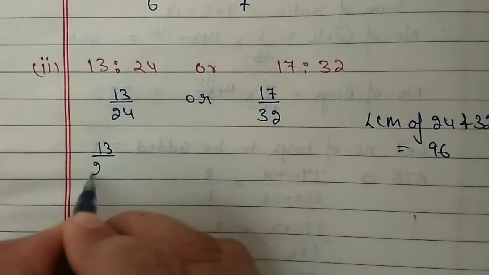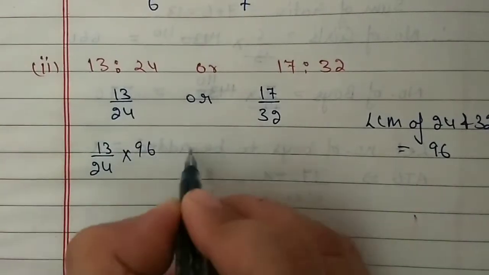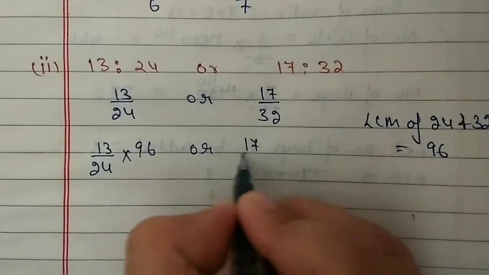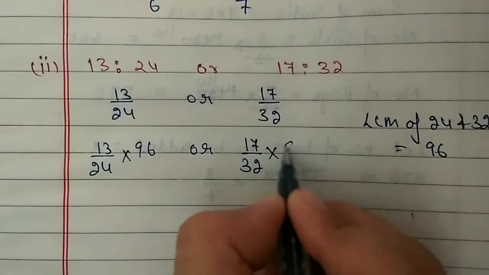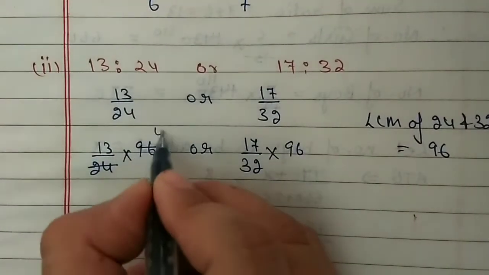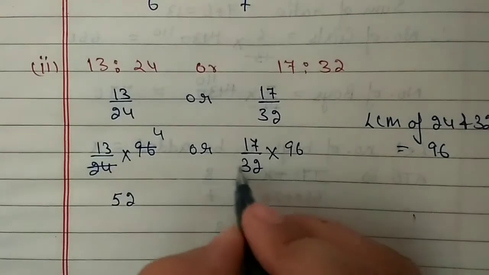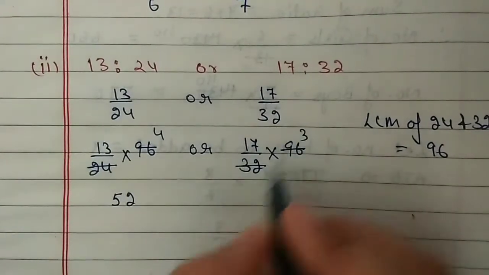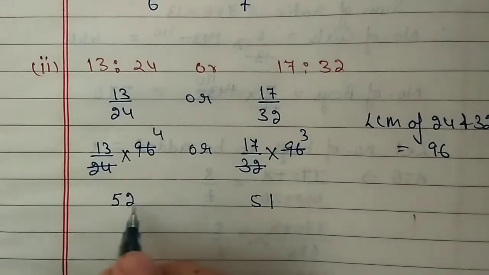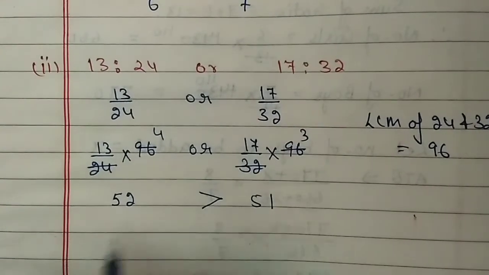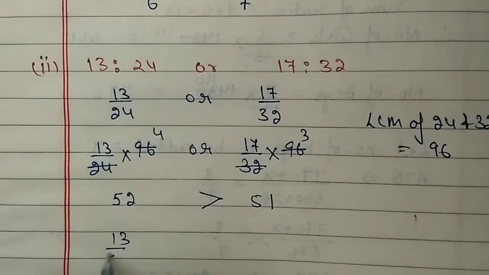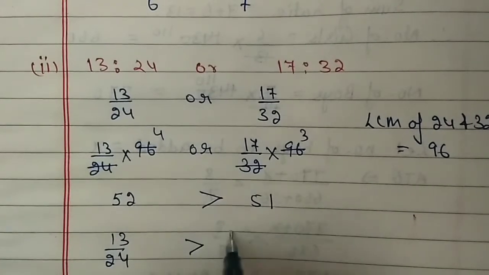Multiply each ratio with the LCM. 24 goes 4 times. 13 4s are 52, and 32 goes 3 times. 17 3s are 51. So 52 is greater than 51. Therefore 13 by 24 is greater than 17 by 32.